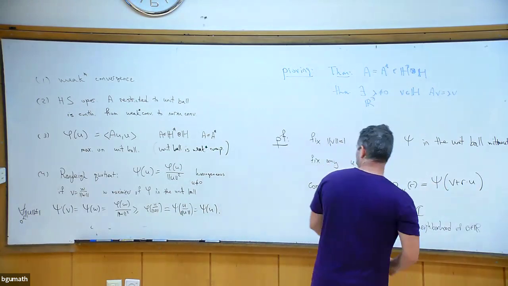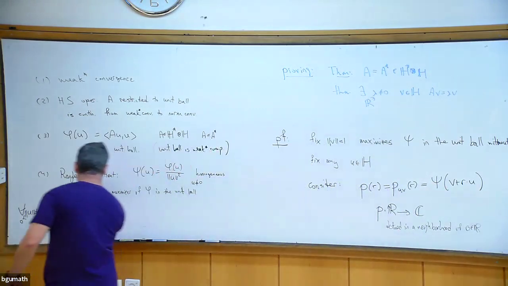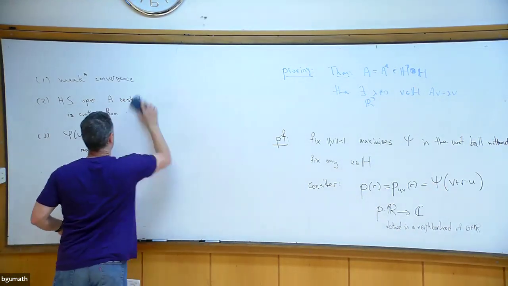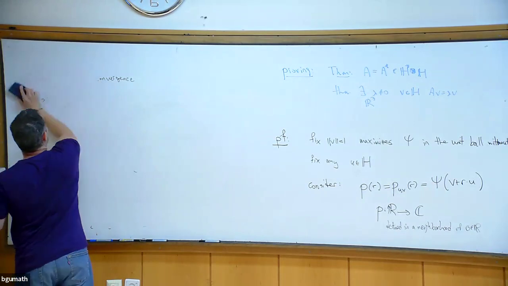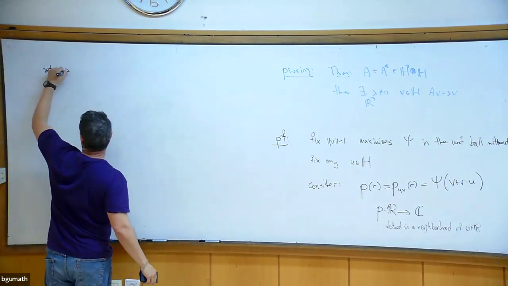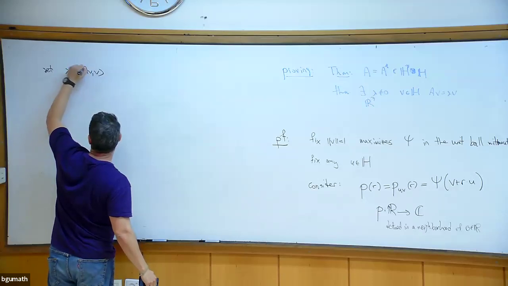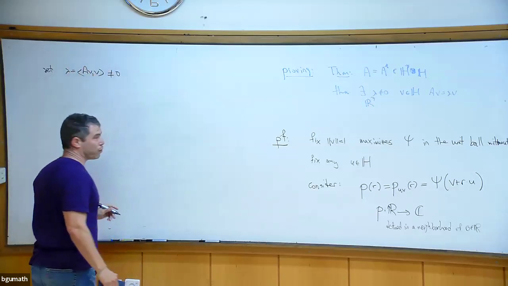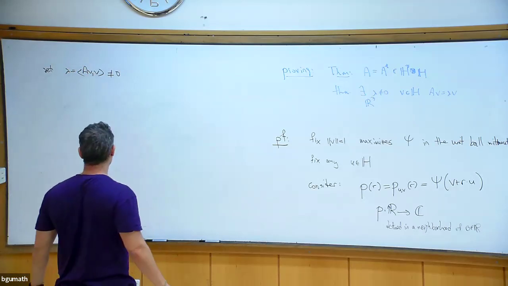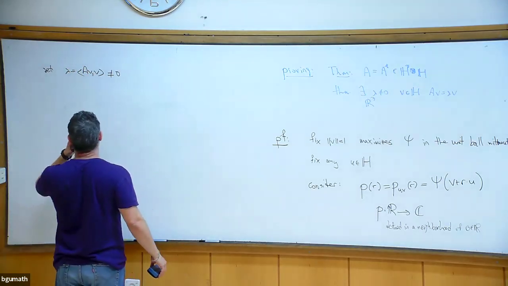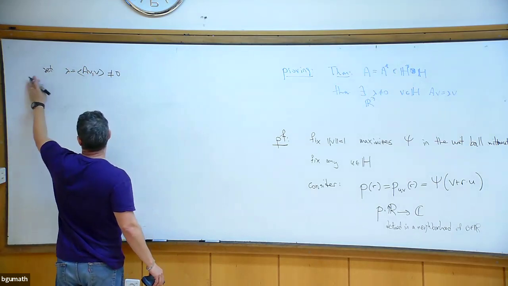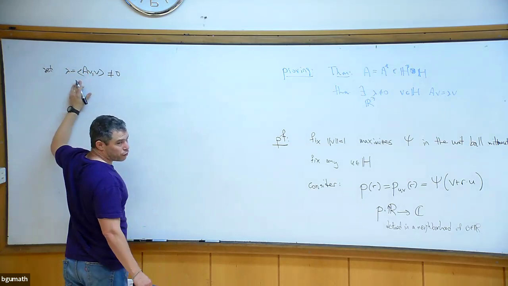So we conclude, let me rewrite, set lambda to be AVV. This is a non-zero thing because remember V maximizes something here, right? It cannot be 0. And it's of course real because A is self-adjoint, okay?